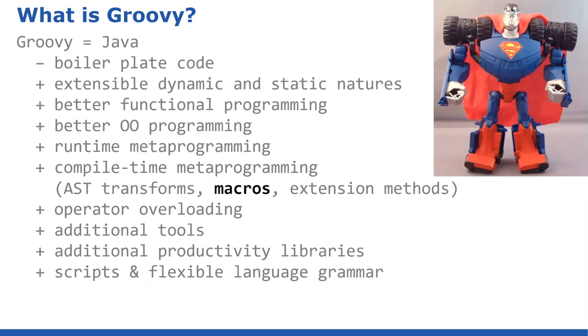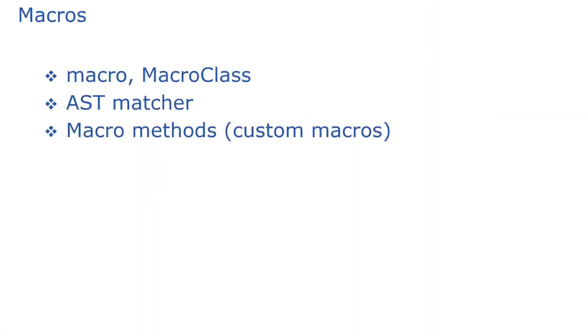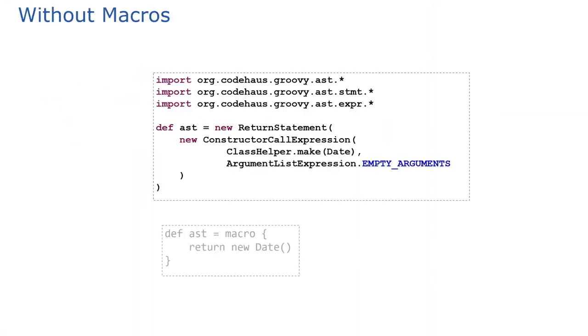Another feature that was in 2.5, and I'm not going to spend time going through details, was macros. I've talked about these AST transforms. This is a little bit of code that you typically write if you were writing one of those AST transforms. You might return a new return statement with inside that you're passing a new constructor call expression.